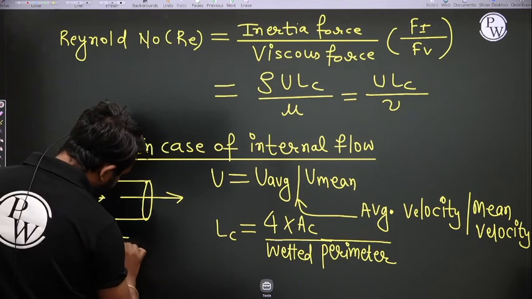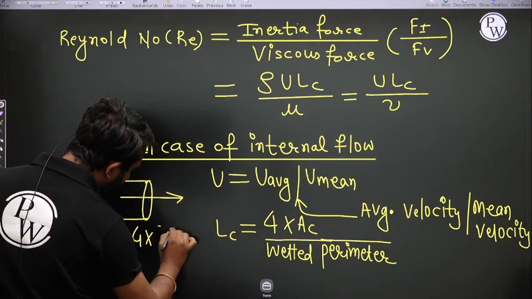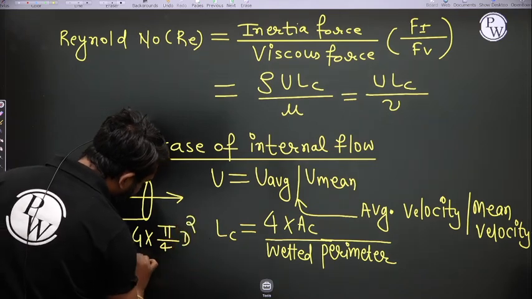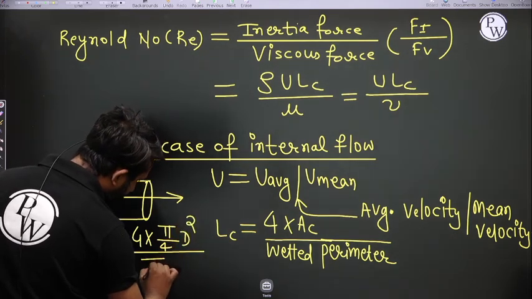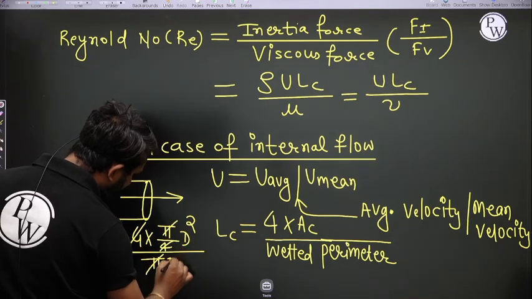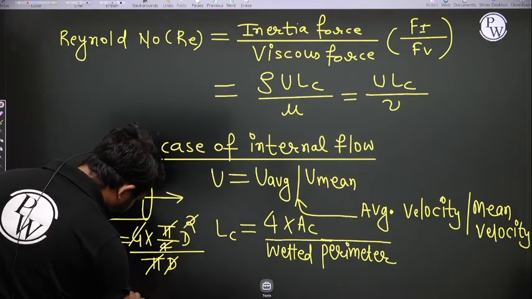Lc is equal to 4 multiplied by the cross sectional or flow area, pi by 4 d square, divided by wetted perimeter, which is pi d. So Lc is equal to d.